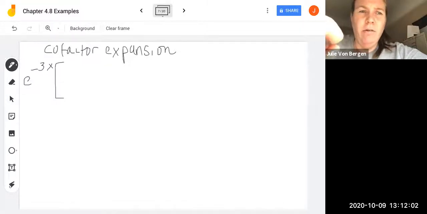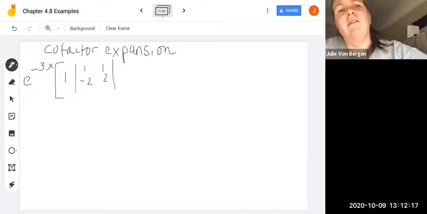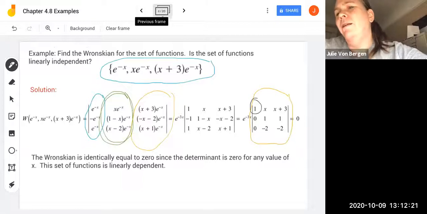So let's see, in our cofactor expansion here, I'm going to have 1 first times the determinant of 1, -2, and 1, -2. So remember when we do the cofactor expansion, because I've chosen 1 from this first position, then I'm using the values that are in the other rows and columns. So that's the 1, 1, -2, -2.